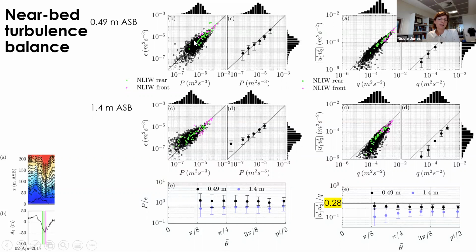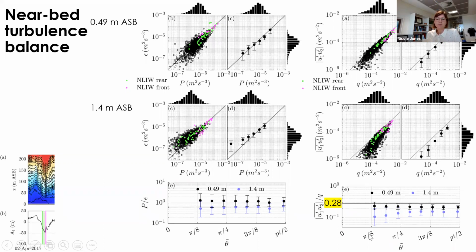So the inertial sublayer is behaving as expected in a classical sense at half a metre off the bed, even when these nonlinear internal waves are passing by, which is quite different from what has been studied using lab scale numerics over the past decade or so. This was a very interesting field observation. In reality, it appears that the dynamics are much easier to interpret.